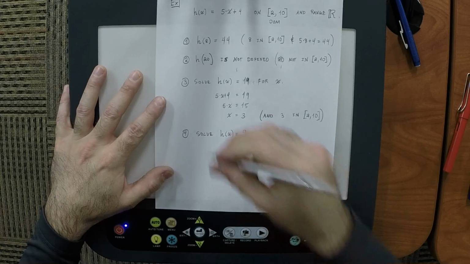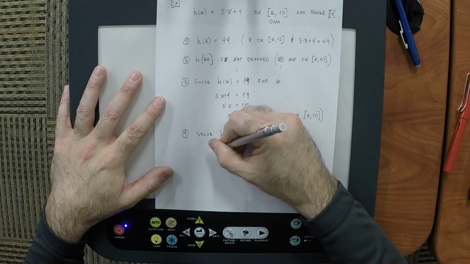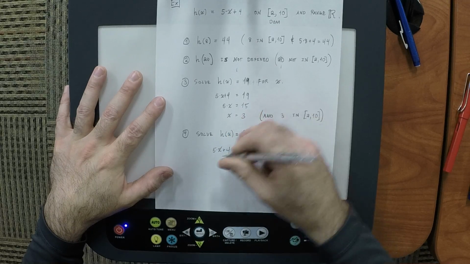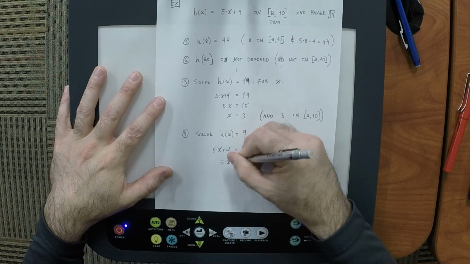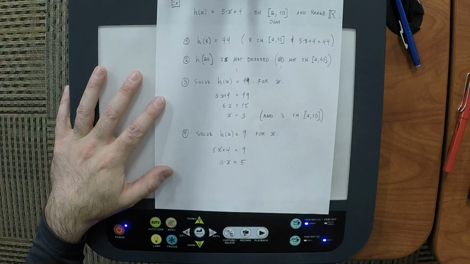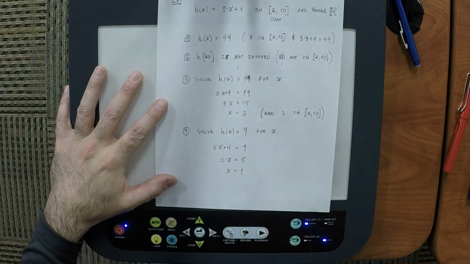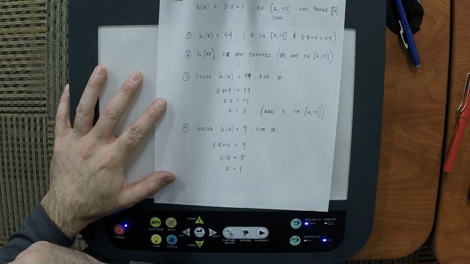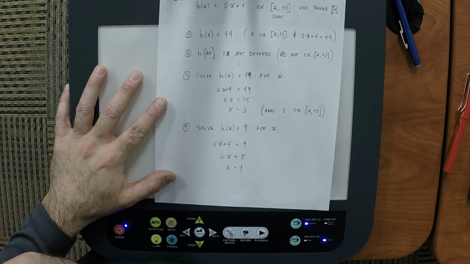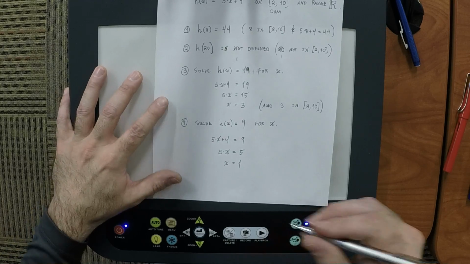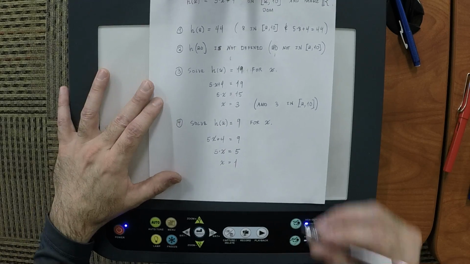And then you could do it in exactly the same way. 5 times x plus 4 is 9. So 5 times x is 5. So x is 1. But 1 is not in the domain. So there's no solution.